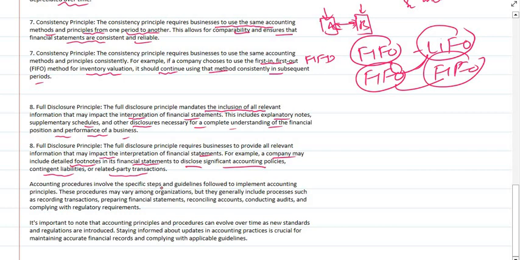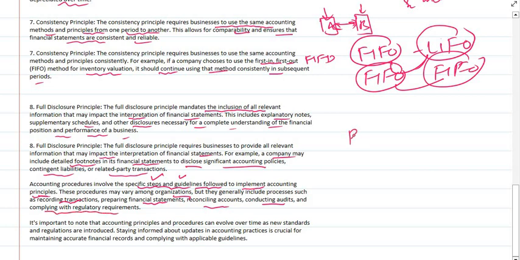So accounting procedure involves specific steps and guidelines. These are the guidelines and steps followed to implement accounting principles. To implement the above principles, we are using accounting procedures, and these procedures may vary in organizations, but they generally include processes such as recording transactions, preparing financial statements, reconciling accounts, conducting audits, and complying with the regulatory requirements.